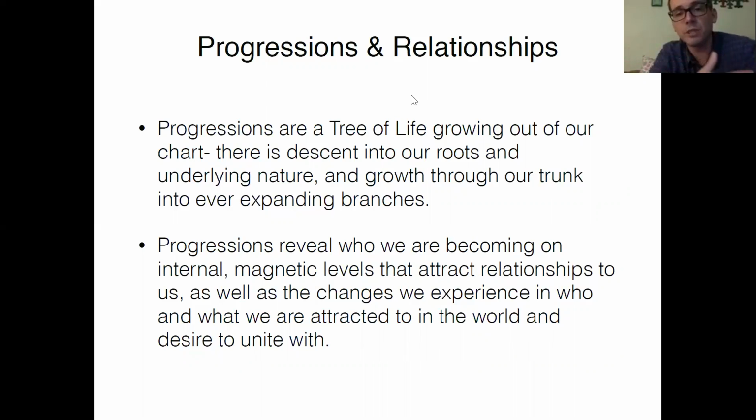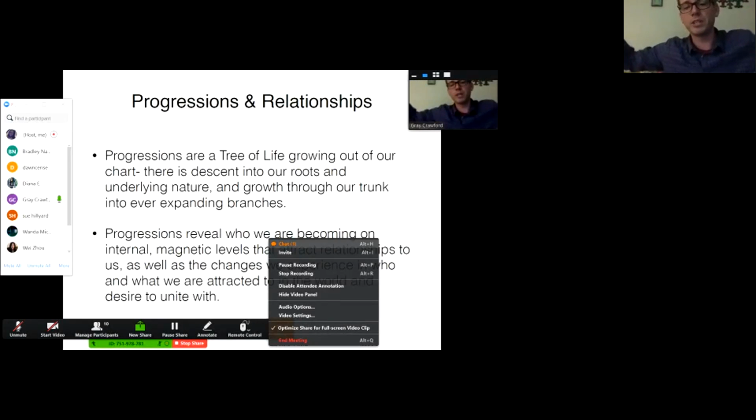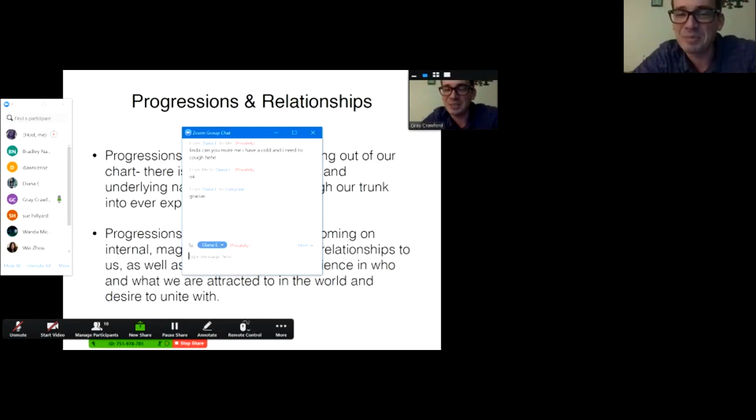In terms of relationships, we can think about it as a tree of life. We have the seed of our natal chart, and we can think about progressions as a tree with an ascent, where through the progression we expand outward with branches, evolving toward everybody.